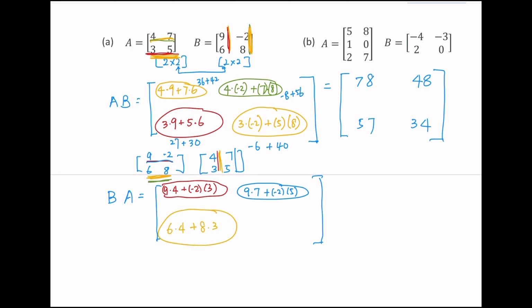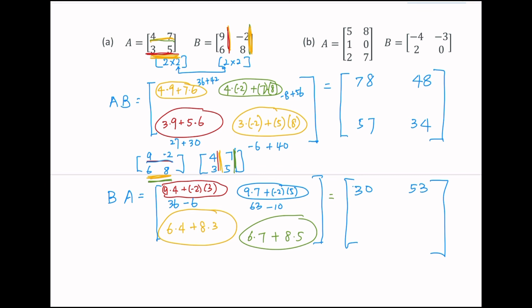And then second row, second column: 6 times 7 plus 8 times 5. That is 36 minus 6, 30; 63 minus 10, 53; 24 plus 24, 48; 42 plus 40, 82. As you can see, AB is not the same as BA in square matrices.